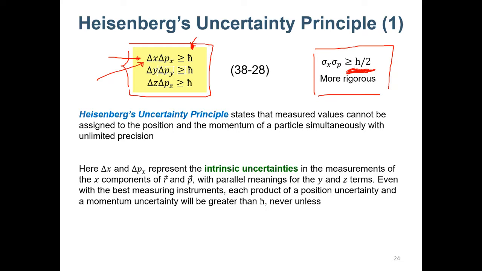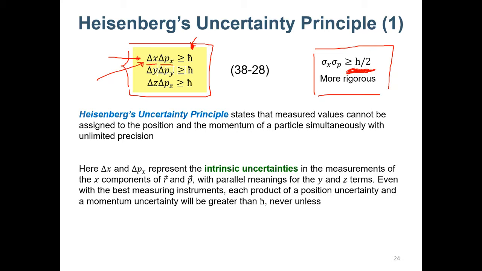You cannot measure the position and the momentum, or it can be equivalent to the speed or the velocity of the particle, you cannot measure both of them accurately. If you get this very accurate, then the error of the momentum will be large, and vice versa. So these two error terms must be larger than a constant h bar, or more rigorously h bar over 2.